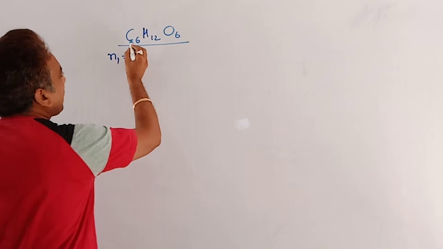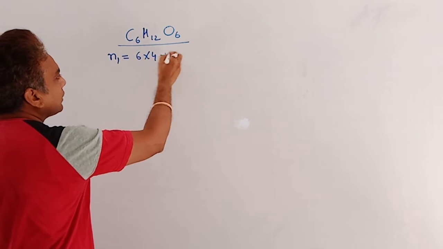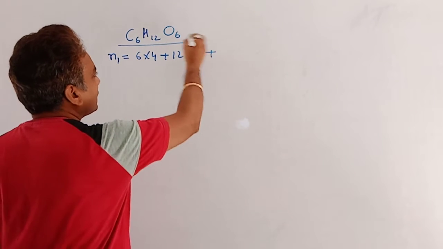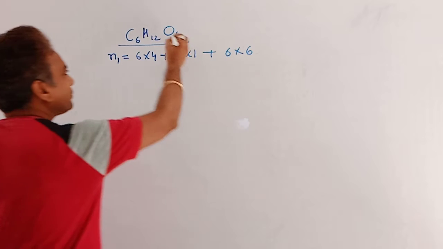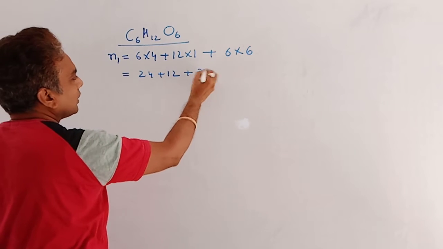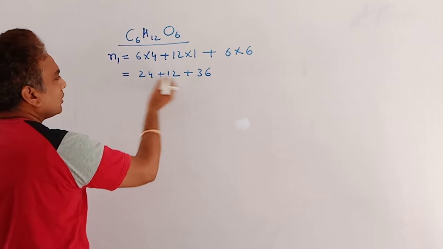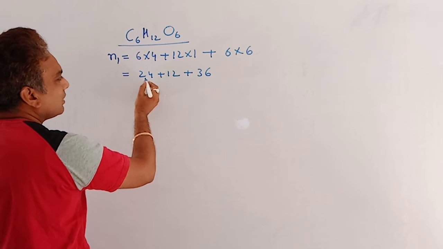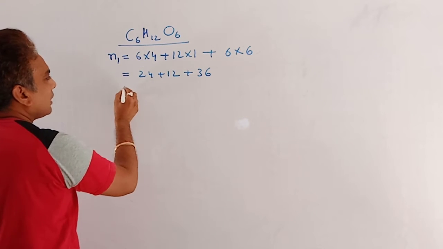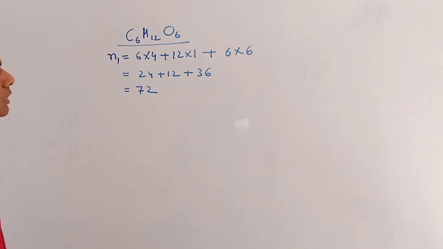Carbon contains 4 electrons, so 6 into 4 plus 12 into 1 plus 6 into 6. So 24 plus 12 plus 36, 60, 72. So the value of N1 is 72.